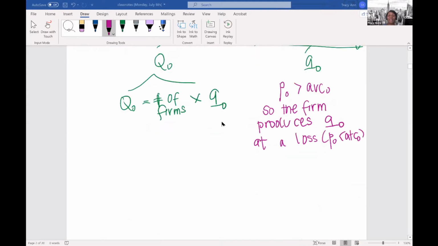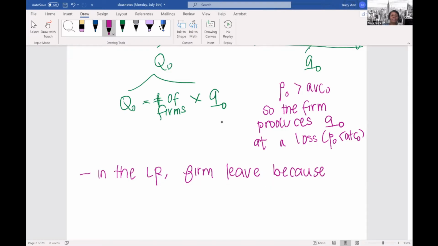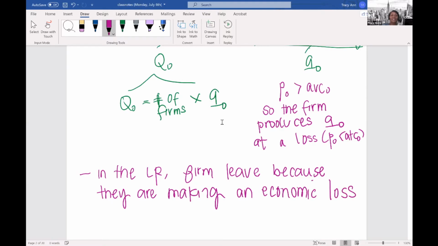This is before we get to equilibrium. In the long run, they leave because they're making an economic loss.